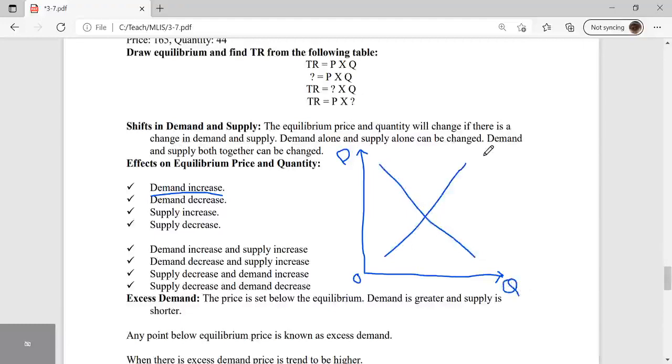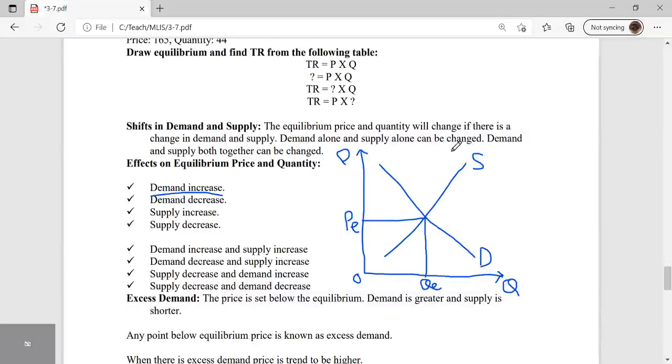This is supply, and demand. That's an equilibrium, right? Demand and supply are intersecting over here. So let's write PE, that means equilibrium price, and QE, equilibrium quantity.